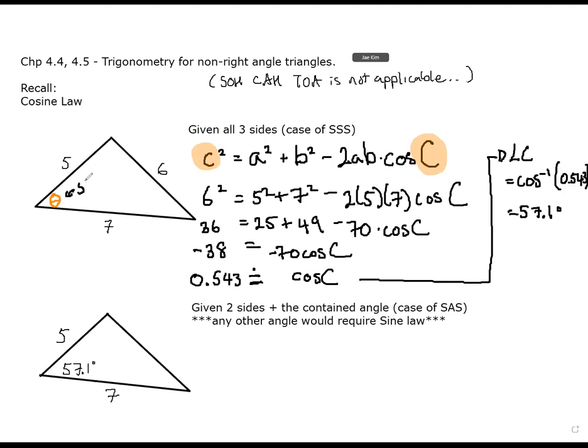So this is 57.1 degrees. It's so important. As long as you know how to match the side and angle and pair them correctly, the rest is just formulaic. All you have to do is recognize it's 3 sides, side, side, side.